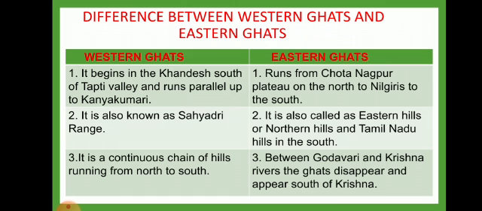Second point: Western Ghats are also known as Sahyadri Range. Eastern Ghats are also called Eastern Hills or Northern Hills, and Tamil Nadu Hills in the south. Third point: Western Ghats are a continuous chain of hills running from north to south. Between the Godavari and Krishna rivers, the Eastern Ghats disappear and appear south of Krishna.